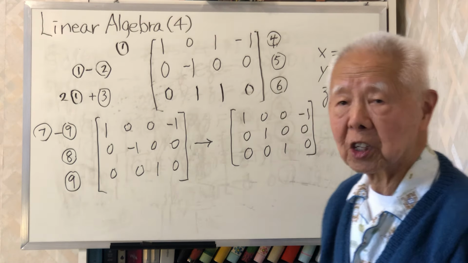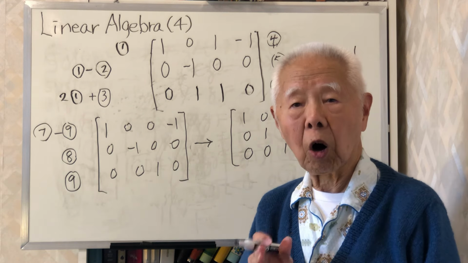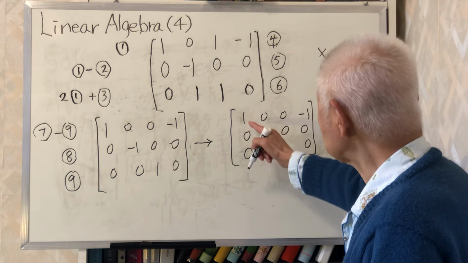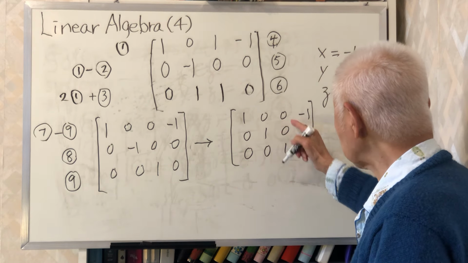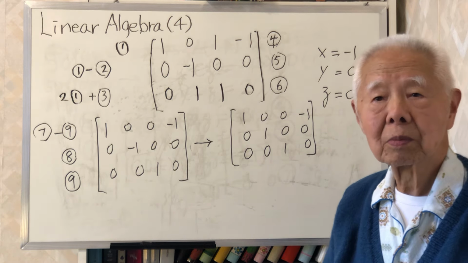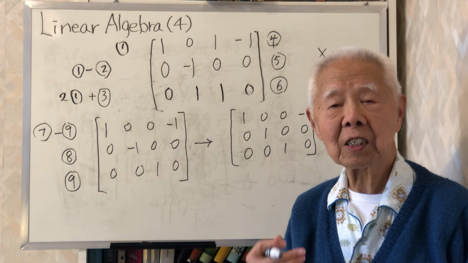So now this is called reduced row echelon form. I have 1, 1, 1, and everything else is 0. So what are my x, y, z?